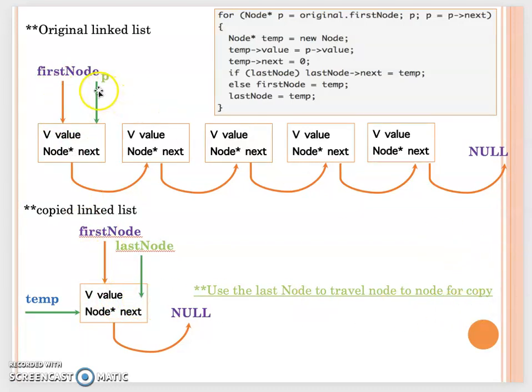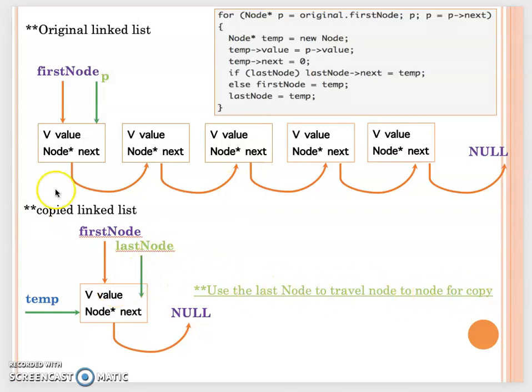But you see here, p needs to continue to move. On the other hand, when I copy, I also need a pointer to help me move. This one is the last node. That's why here we have a last node. This last node helps us move to the next.